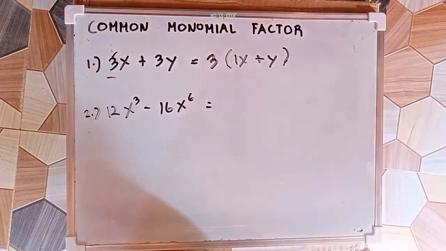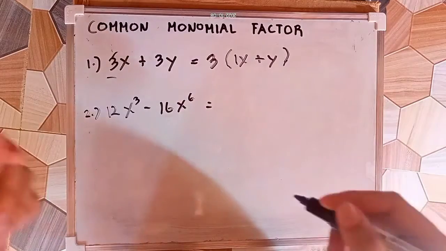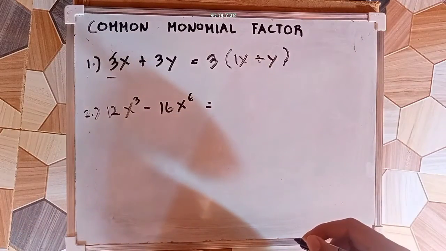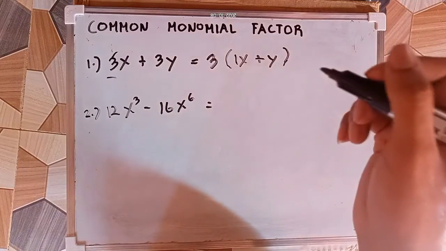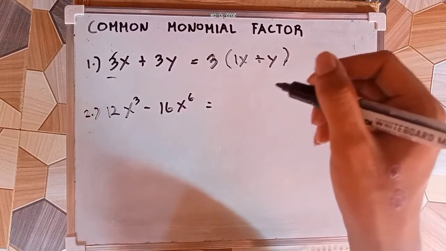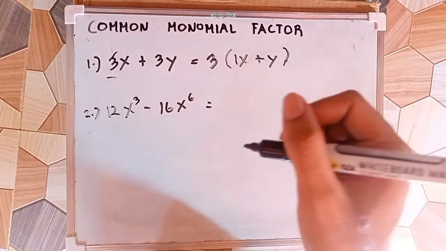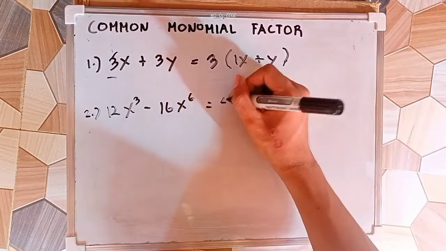Let's try to solve our number 2 given example. First thing to do, get their GCF. So 12 and 16, their GCF is simply 4.